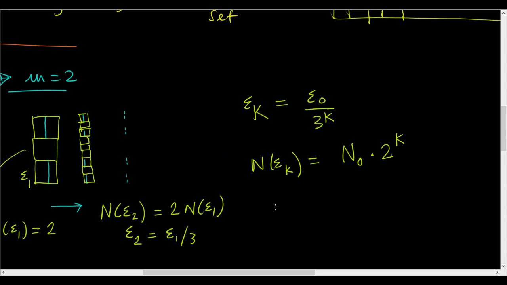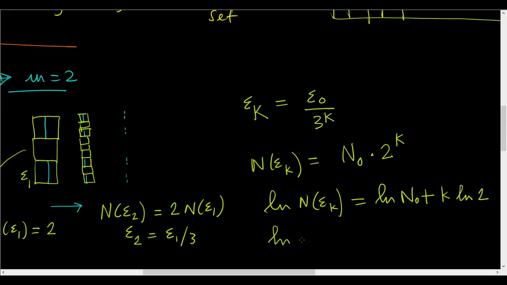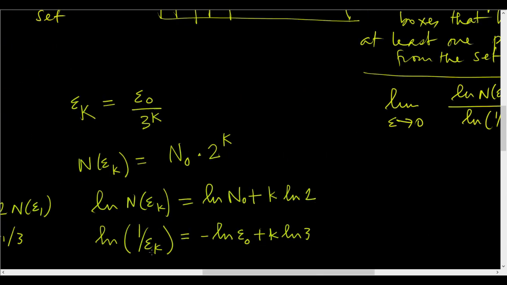Therefore, when I take the log of n of epsilon k, I get the log of n0 plus k log of 2, and when I take the log of 1 by epsilon k, I get minus the log of epsilon 0 plus k log 3. Then what does it mean for epsilon k to go to 0? It just means for k to go to infinity.